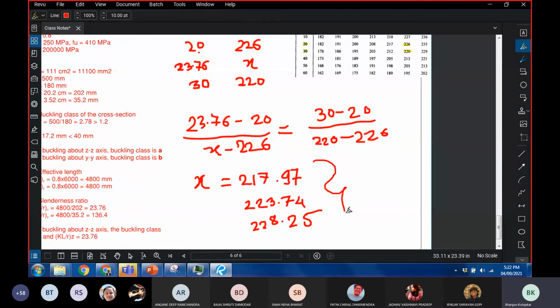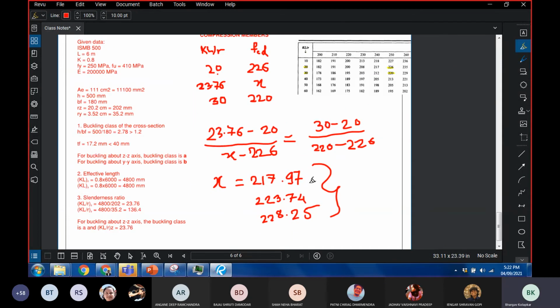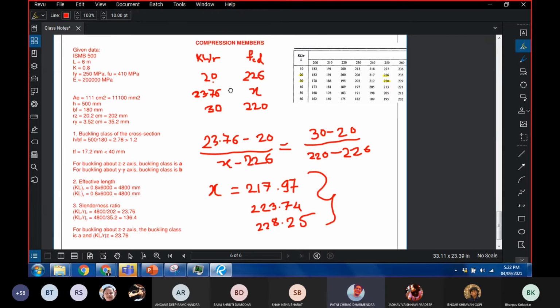Now, how do you look at these numbers and eliminate the wrong answers? It can't be less than 220 or greater than 226, as 23 comes between 20 and 30. So the right answer will be 223.74. Exactly.